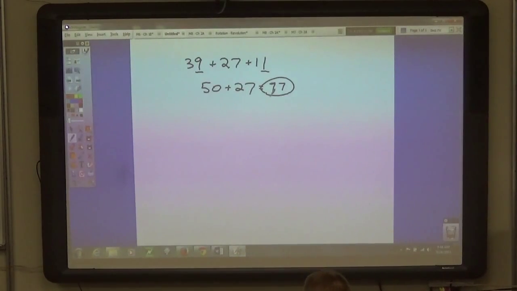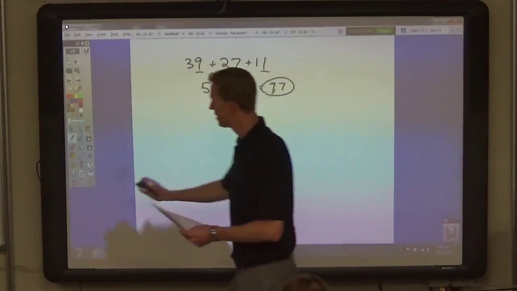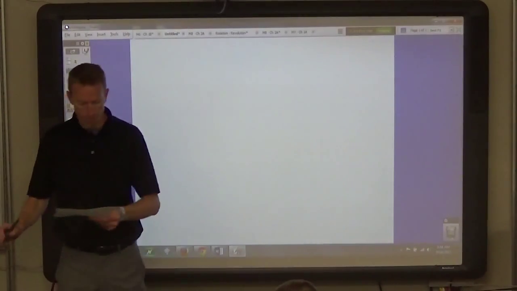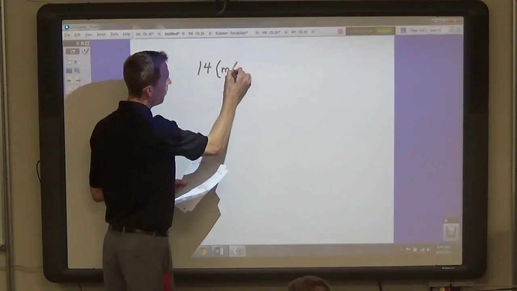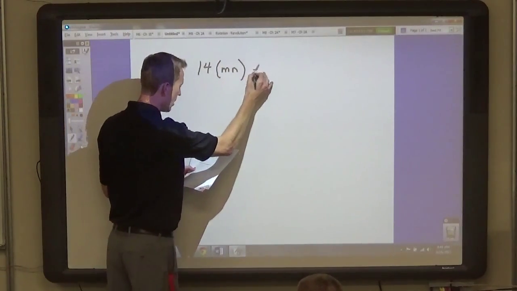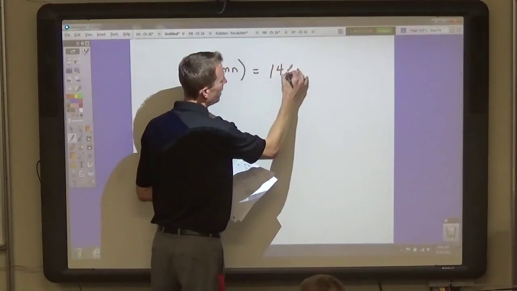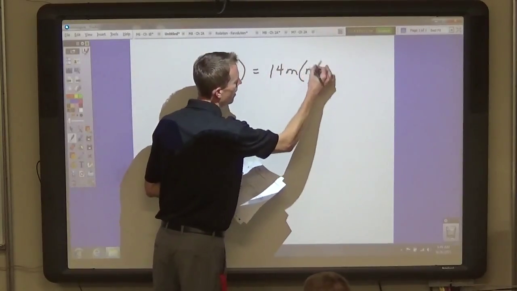And everyone else here. Good. All right. Look at the back, the bottom section. Number 13. What is mixed up in the order for number 13? 14 times m and n is equal to 14 times m times n.